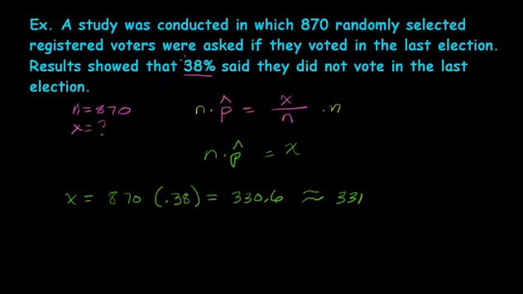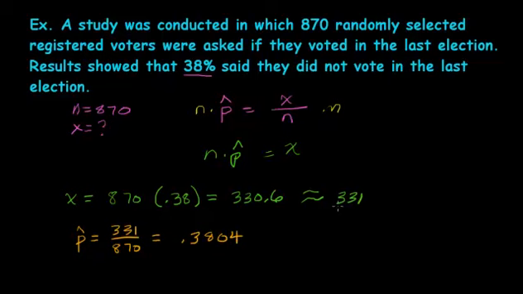That's what we would put in there. So if the problem doesn't give you x, you may have to calculate x, and you may have to do some rounding. And just to make sure this makes sense, say they ran the study, and they ended up reporting this p hat. How did they get it? Well, let's look at our numbers now. It should be about 331 out of 870, and if you do that, you get 0.3804.